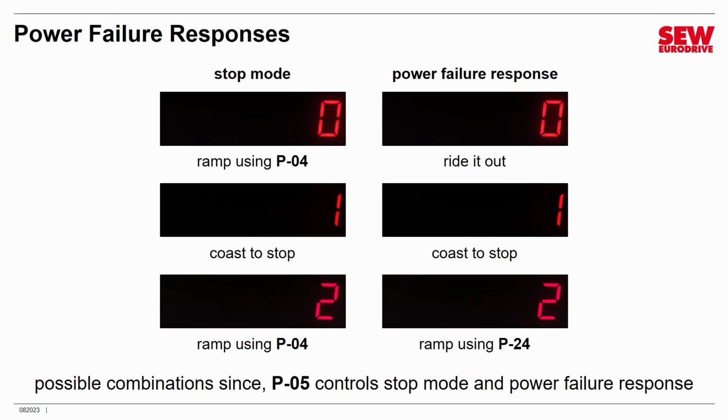Well, you have these possible combinations. If you put a 0 in there in stop mode, you'll ramp using parameter 04 and you'll ride it out if there's a failure. If you put a 1 in there, it will coast to a stop in all situations, both stop mode and power failure. And if you put a 2 in there, it will ramp to a stop using parameter 4 in stop mode, and it will do a rapid ramp to a stop using parameter 24 if there's a power failure.